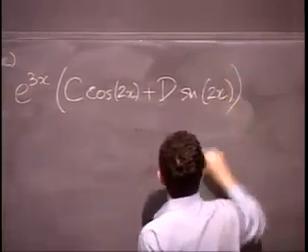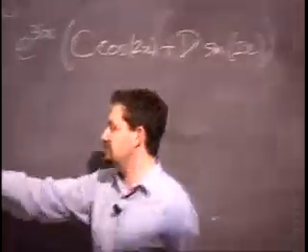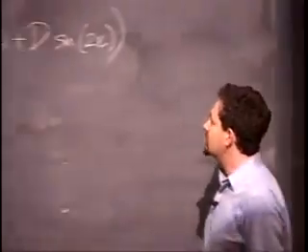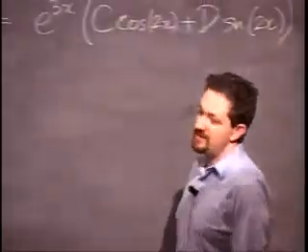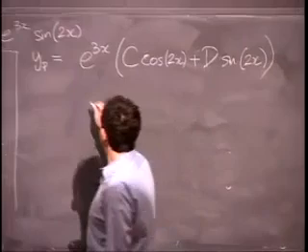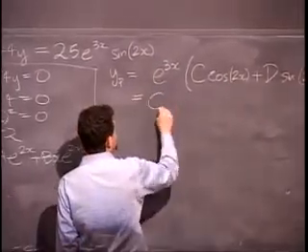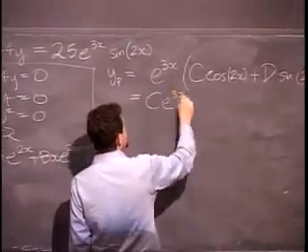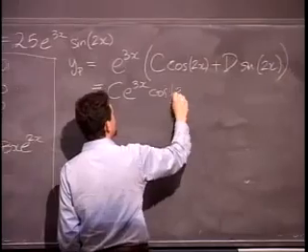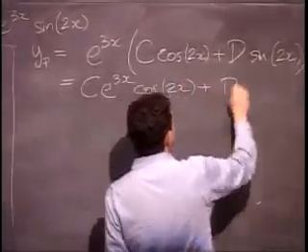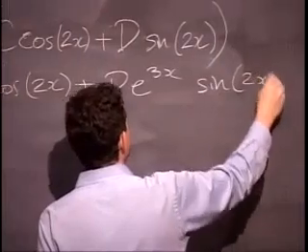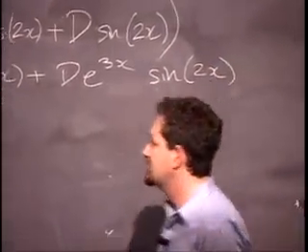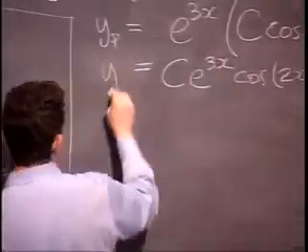I don't want to use A and B because they're already used over there. Right, so that's my guess. Now, in order to work this out, I unfortunately have to do the derivatives. Now, let's write this out as C e to the 3x cosine 2x plus D e to the 3x sine 2x. All right, so that's what yp is.